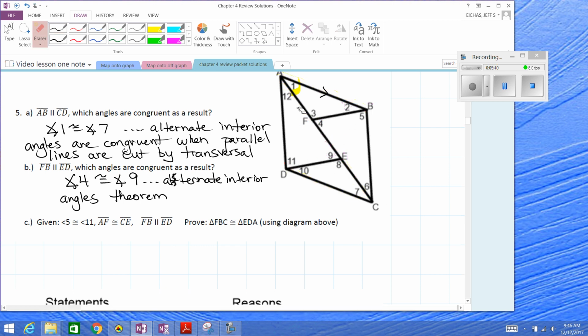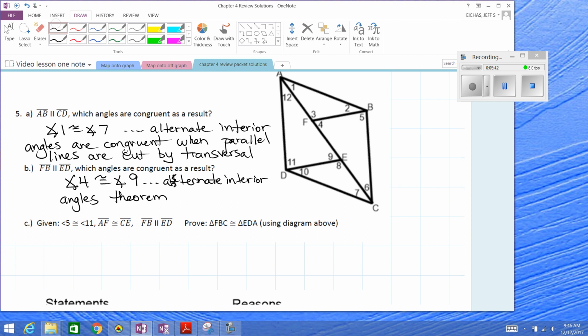Now, start over with angle 5 is congruent to angle 11. That's a little strange. AF is congruent to CE. FB is parallel to ED.